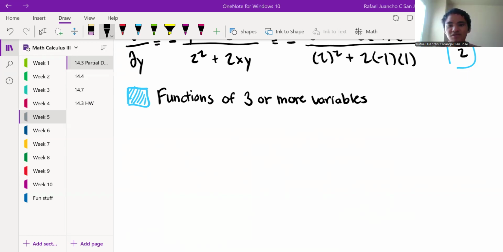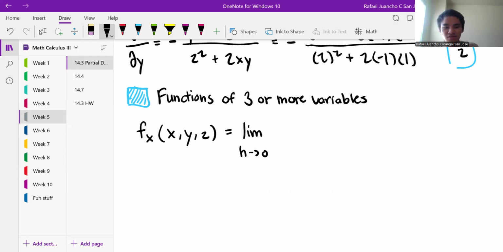So partial derivatives can also be defined for functions of three or more variables. For example, if f is a function of three variables x, y, and z, then its partial derivative with respect to x is defined as this. So if you want to find the partial derivative with respect to x, here we're given a function of three or more variables, and this is its derivative.